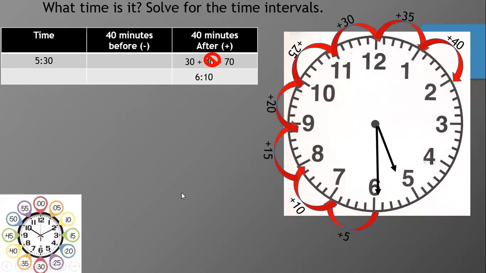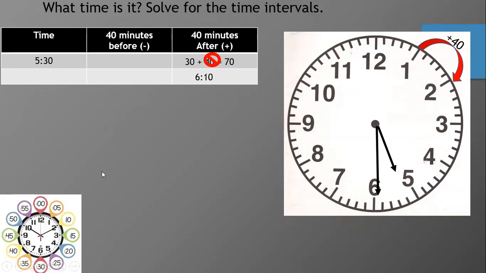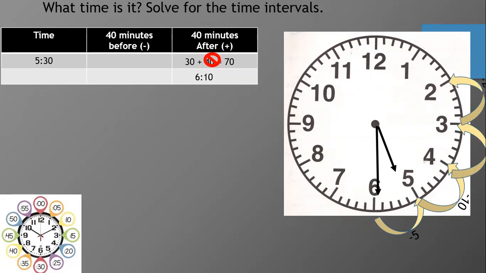Okay, so before we begin looking at 40 minutes before, we're going to clear our screen because it may be getting a little confusing. So let's now go 40 minutes before. Okay, so we have minus 5, minus 10, minus 15, minus 20, minus 25, minus 30, minus 35, minus 40.